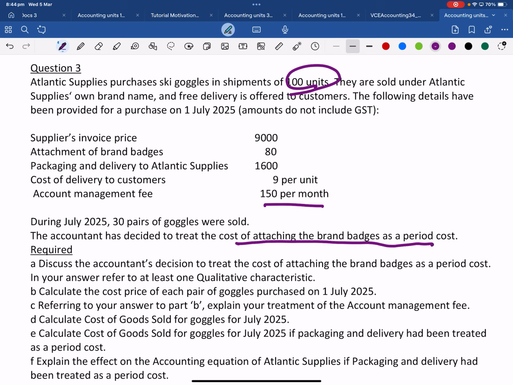Now part A asks: discuss the accountant's decision to treat the cost of attaching the brand badges as period costs. Wrong? Everyone is saying wrong.